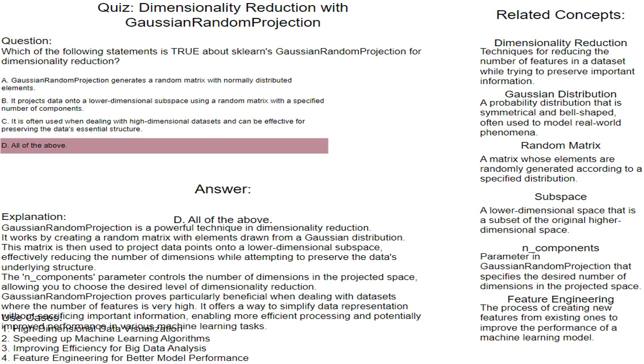Subspace: a lower dimensional space that is a subset of the original higher dimensional space. It can be thought of as a plane or line within a 3D space, for instance. Visualizing high-dimensional data by projecting it onto a lower-dimensional subspace, for example a 2D plane.